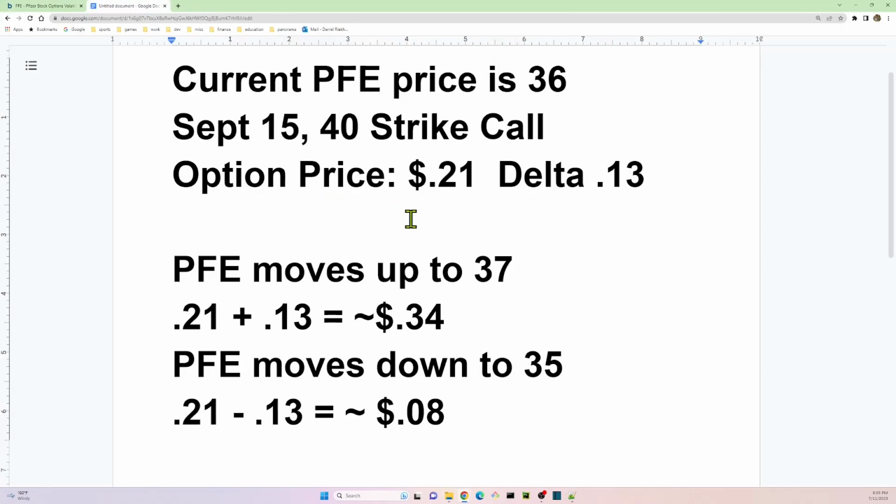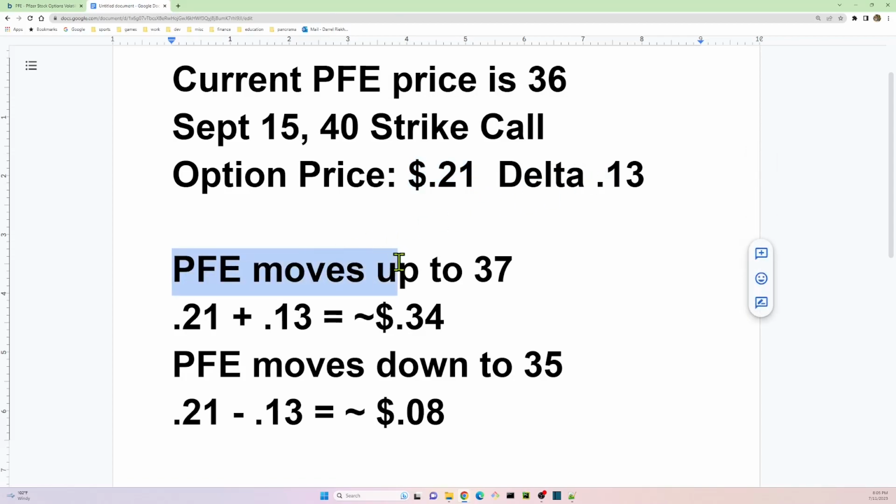So, capturing that information, let's see what it means if Pfizer moves up $1 or moves down $1. Again, Pfizer's price is 36. We're doing the September 15th 40 strike covered call. The option price is currently 0.21 and the delta is 0.13.